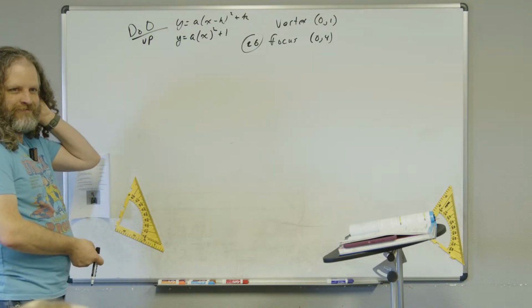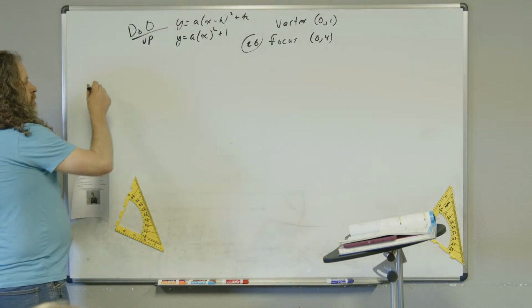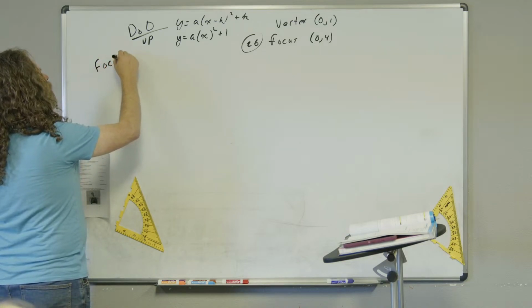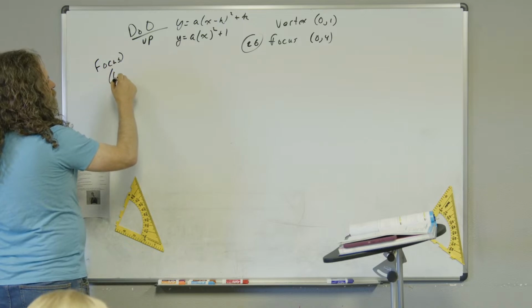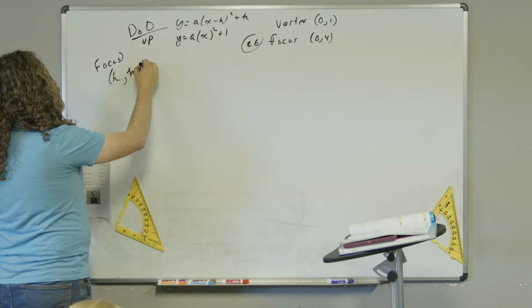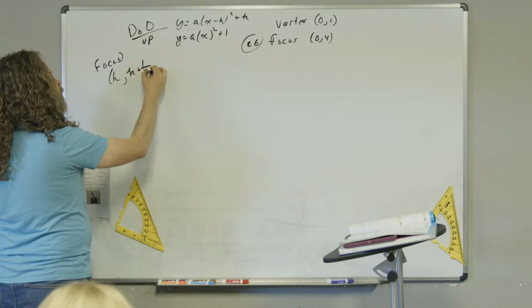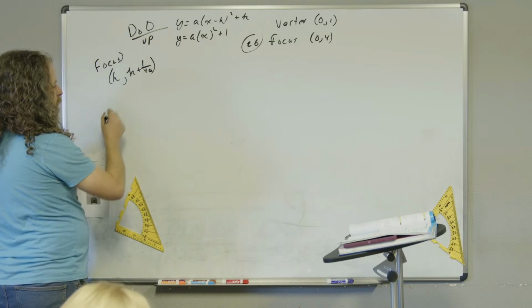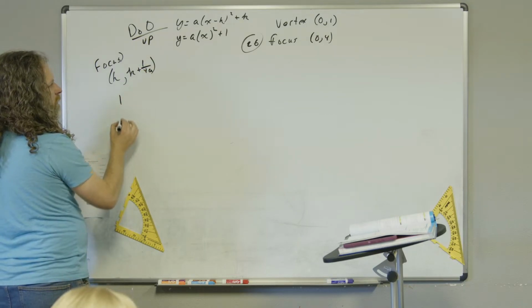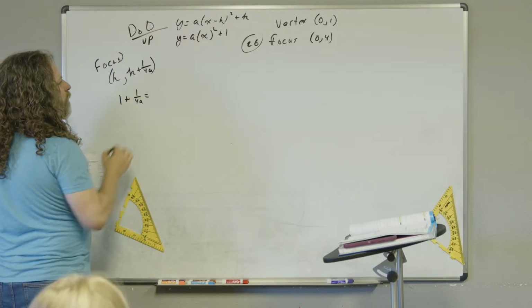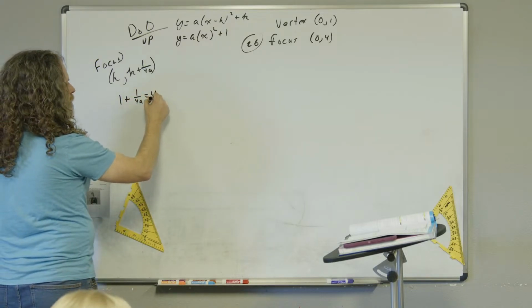We know the focus is k plus 1 over 4a. So the focus is h, k plus 1 over 4a. So k is 1 plus 1 over 4a equals 4.